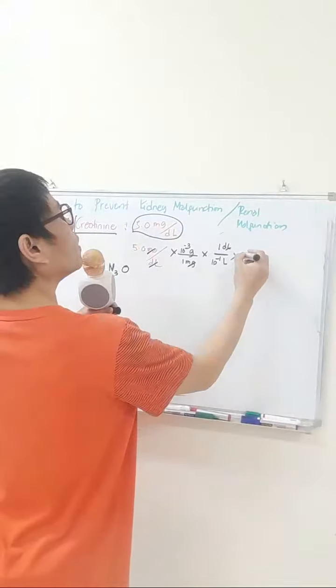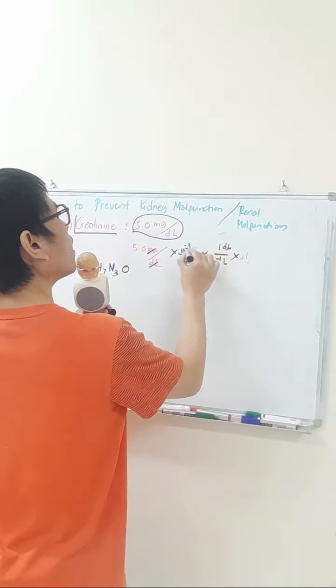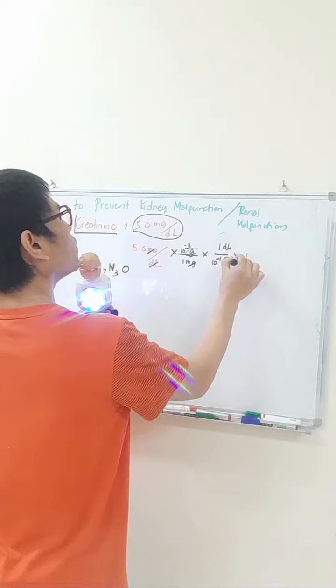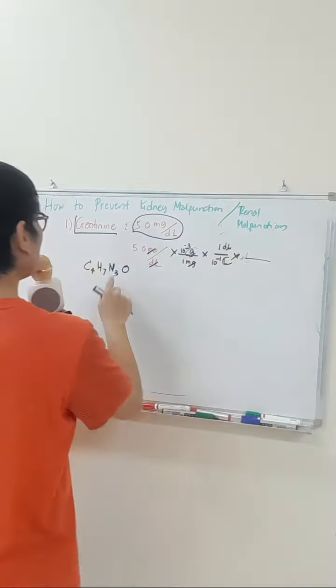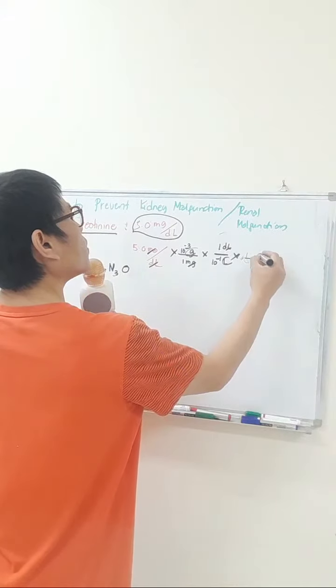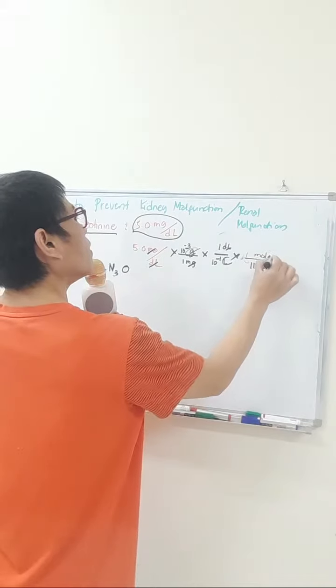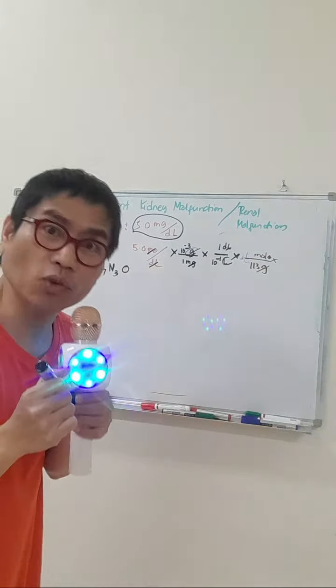So this is grams per liter, and this is 113 grams per mole. Baliktad siya para maka-cancel ang grams. Now, millimoles per liter.